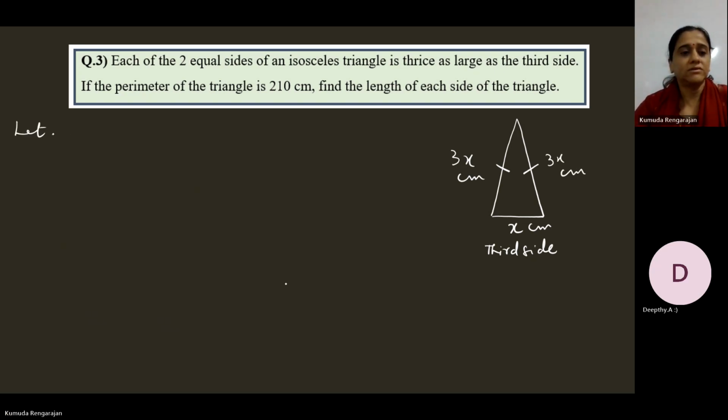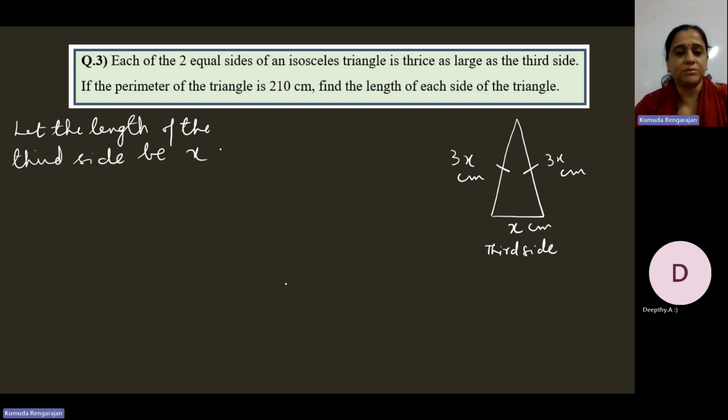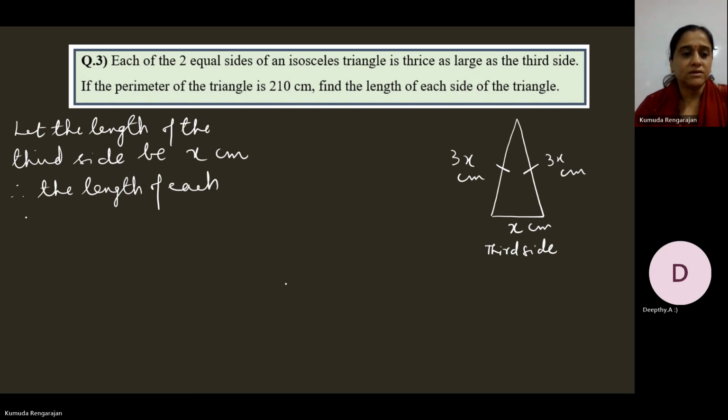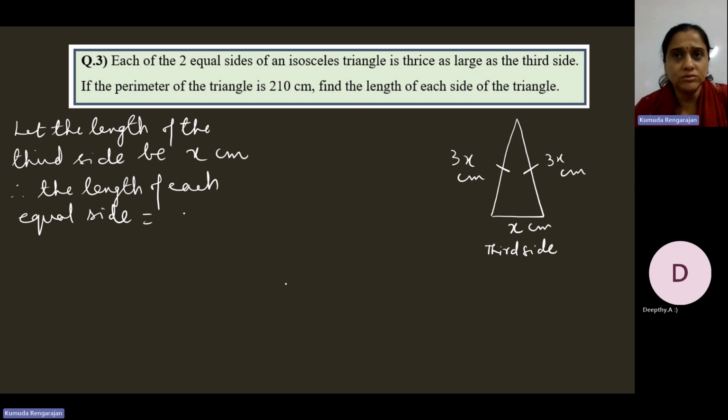Let the length of the third side be x centimeters. Therefore, each equal side is equal to 3x centimeters.